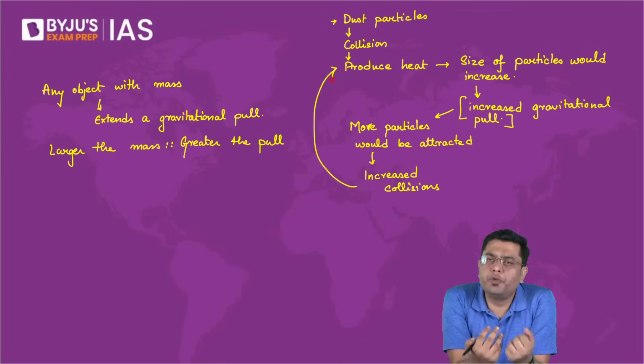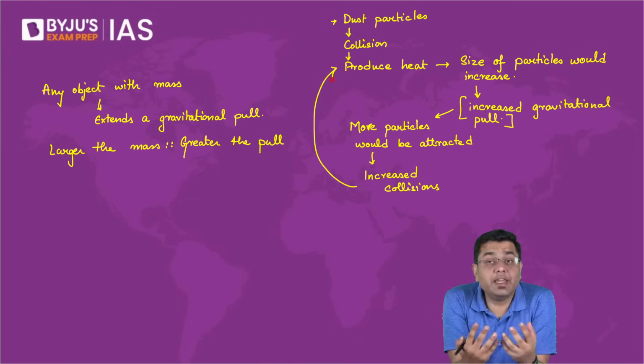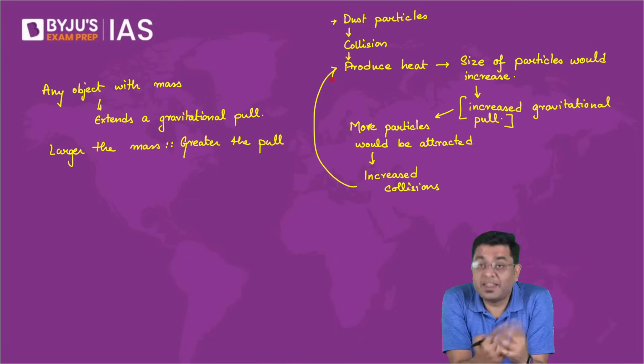Now, after this process continued for many millions of years, what happened was that rather than small dust particles, you had large chunks of mass created. The size that you observe in the case of very large asteroids, that size.